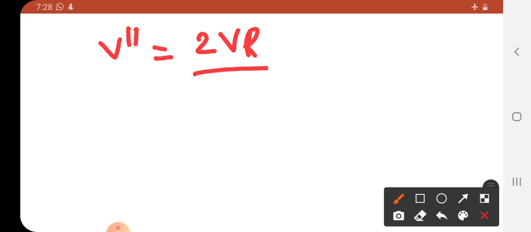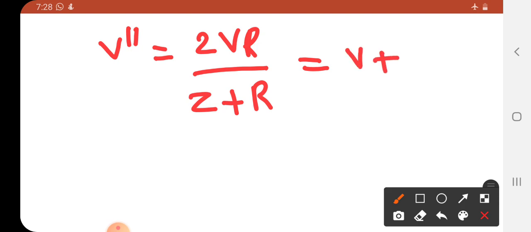First I am substituting V double dash is equal to V plus V dash. We know that V double dash is equal to 2VR by Z plus R, and this is equal to V plus V dash.